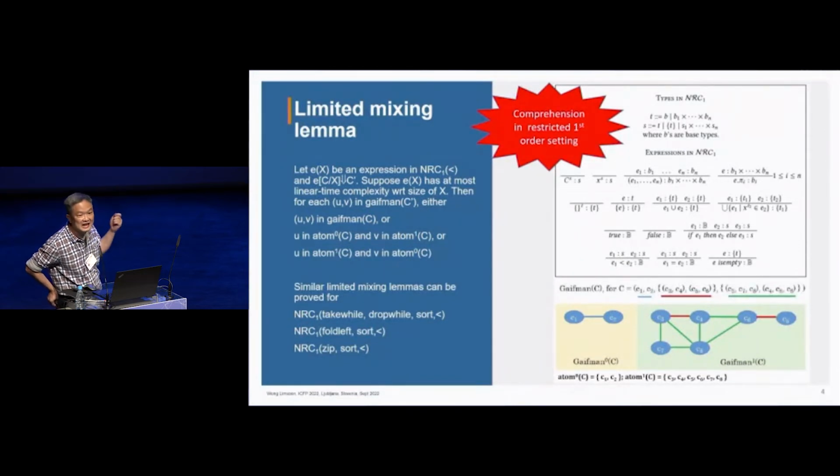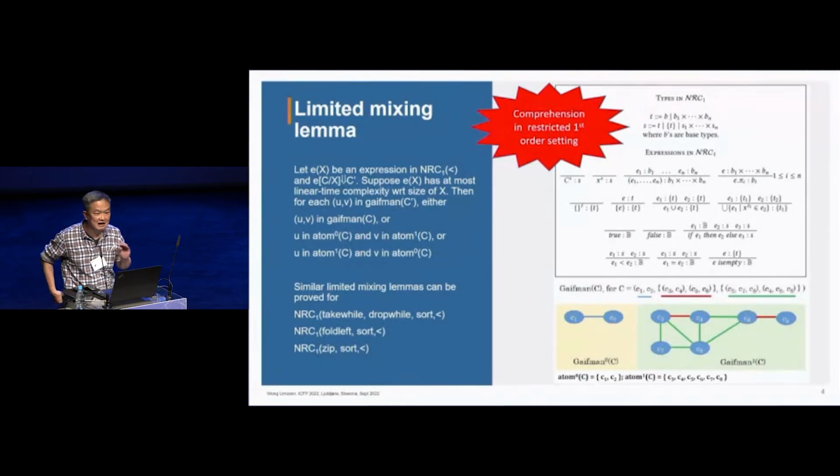For any edge in the Gaifman graph of the output, when you apply this function to an input, this edge has to either already exist in the Gaifman graph of the input, or one end of this edge is a level 0 atom and the other end is a level 1 atom. It cannot have both ends being level 1.